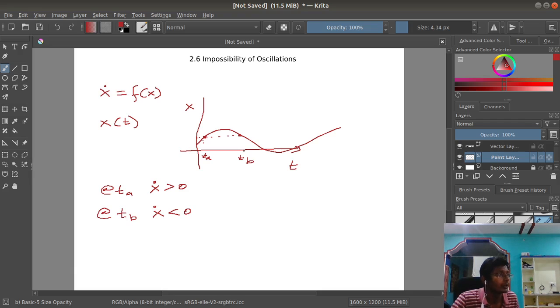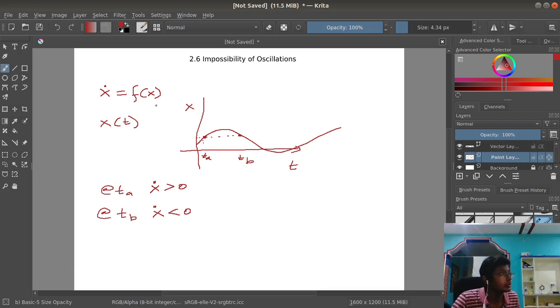And if that is possible, then for the same x, this is the governing differential equation. So for the same x value, we are getting two different x dot, right? And that is not possible, and that is possible only if t has been presented explicitly, but here we are considering only the autonomous system.